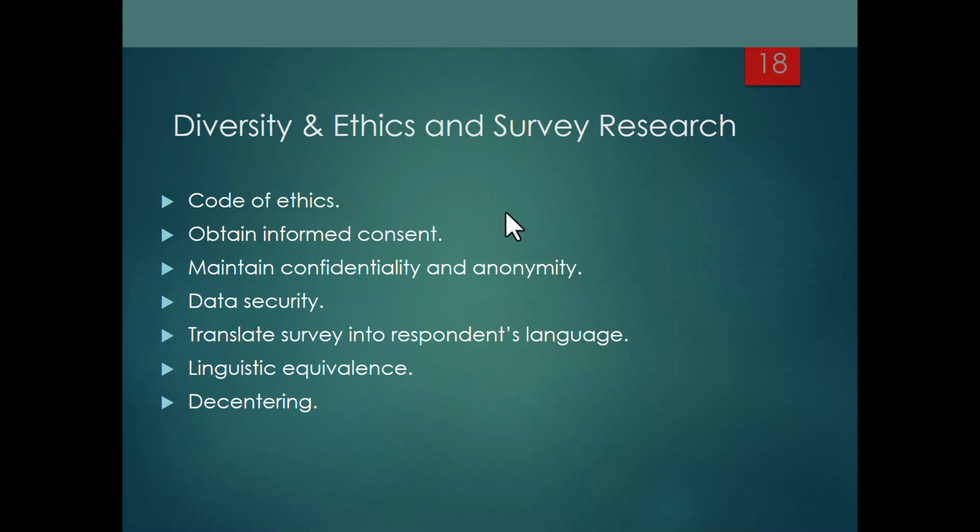Keep ID numbers on a separate list from participants' names. You can also keep these in two separate locked file cabinets, which only the principal investigator has access to. If the survey results are to be shared, make sure that the data is presented in an aggregate form. That way, people can't actually figure out who the respondents are or who responded what.